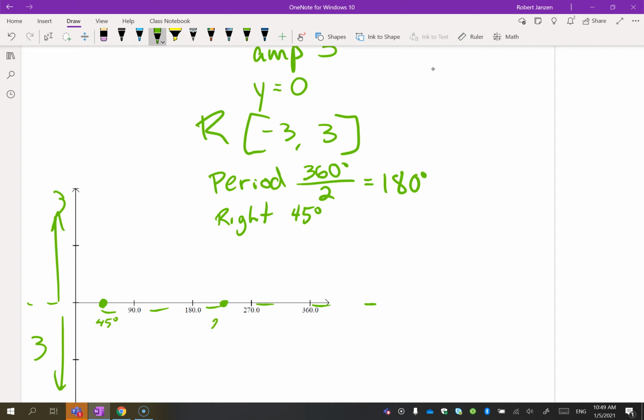Okay, so there's 45, there's 225. And I know it's supposed to make one full period in that time. Okay, so this is -3, and this is +3.